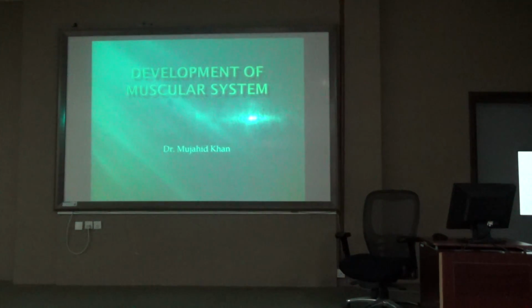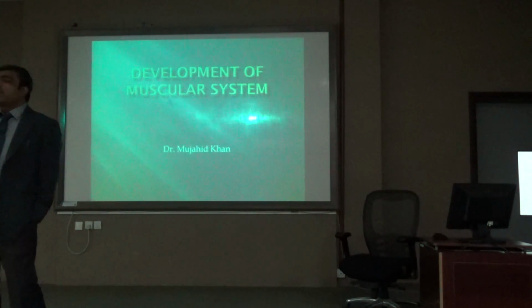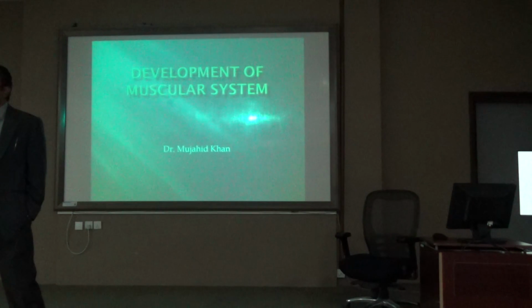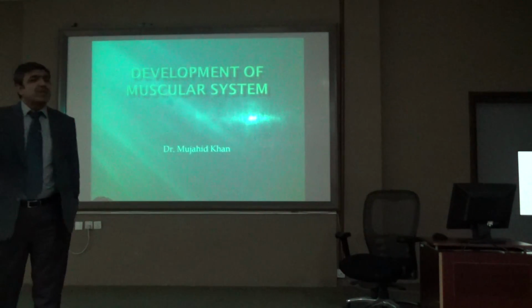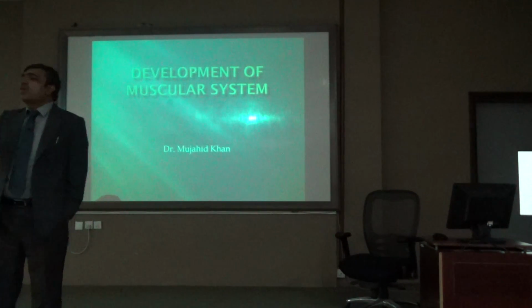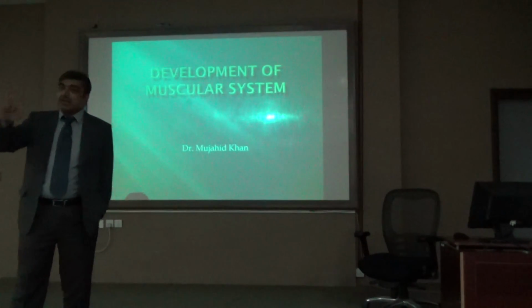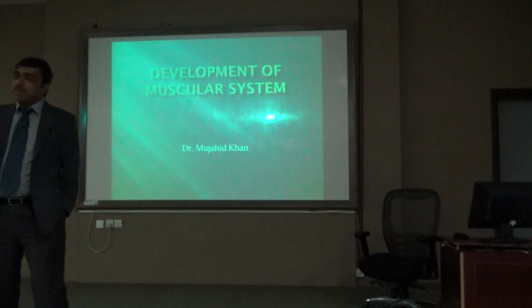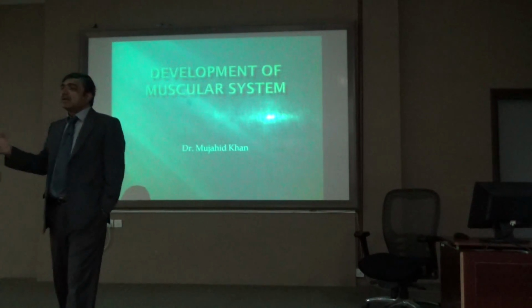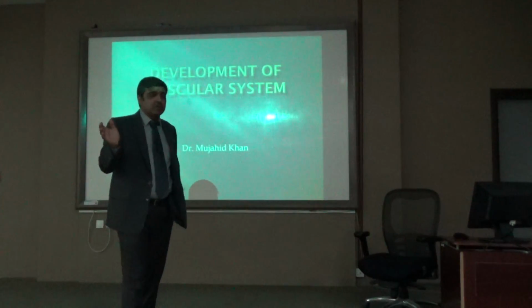This portion contributes in the formation of myotome and dermatome. Dermatome contributes in the formation of the skin. I don't say that it forms the skin completely, no. Skin is also formed from the ectoderm and mesoderm. So let's forget about this dermatome.